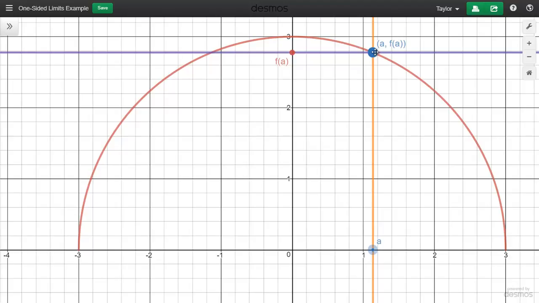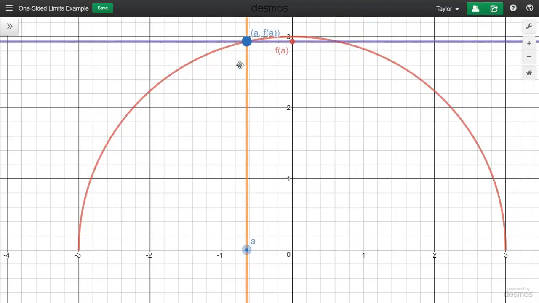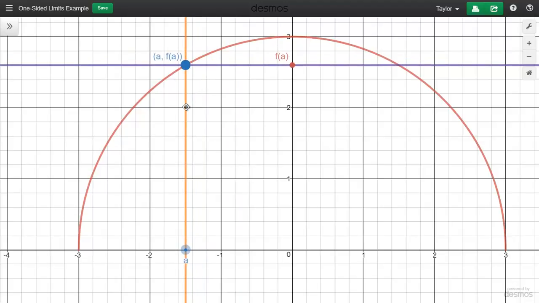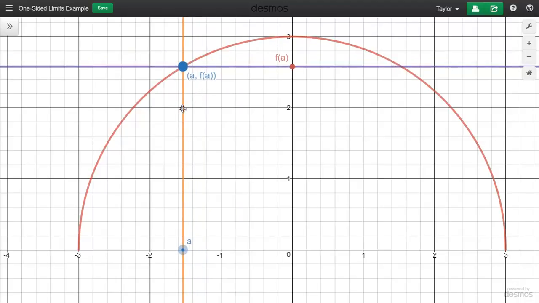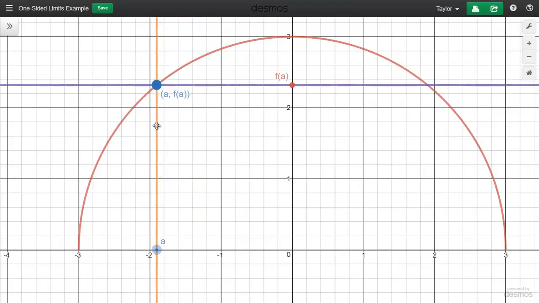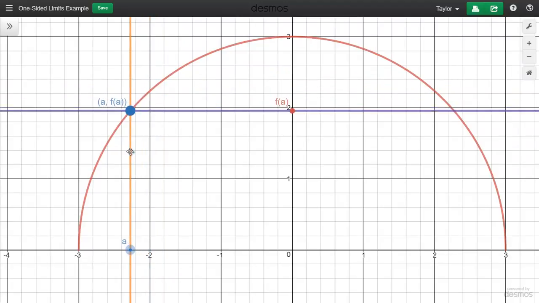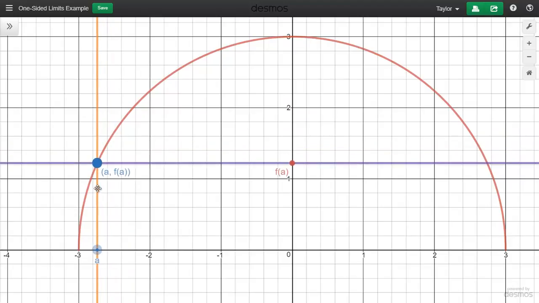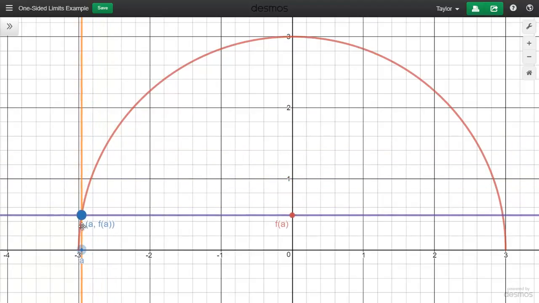Let's see how a is moving closer and closer to negative 3 from the right-hand side. Look how f of a, the purple line, is getting closer and closer to 0.